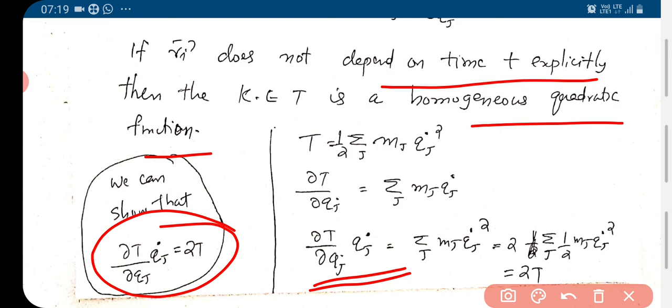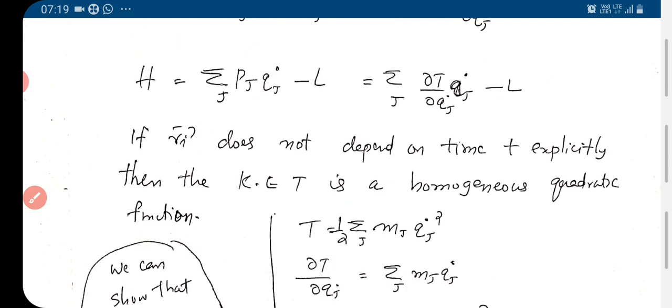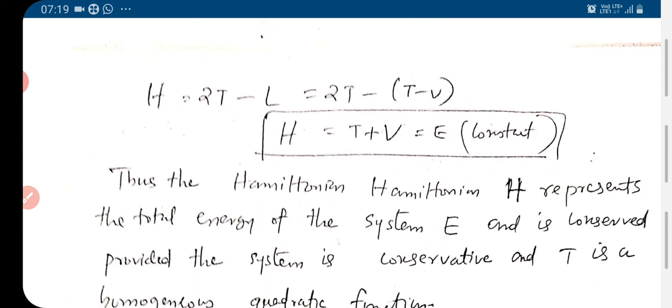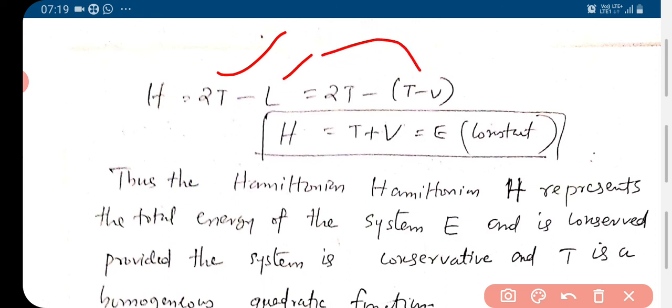It is easy to show like that. So it is 2T, and we know L is T minus V for a conservative system. So H is equal to T plus V, that is a constant.